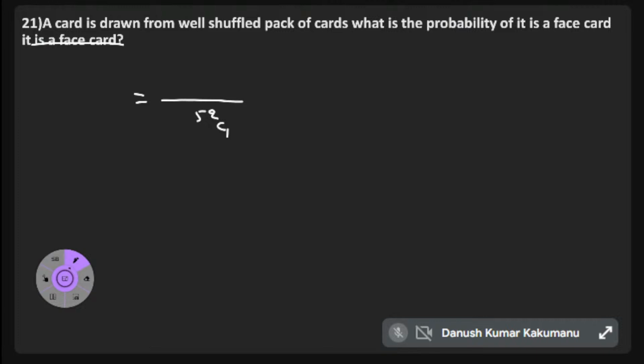How many face cards are there? 12 or 16? Special cards are 16. Face cards are 12. So 12C1 by 52C1, that is 12 by 52. What is the answer? 3 by 13.